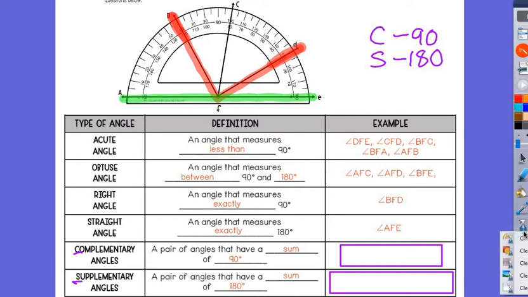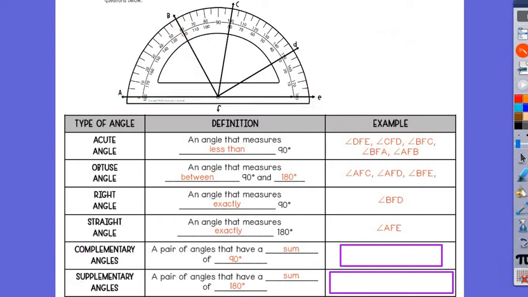So let's look for some examples. Let's look for complementary first. The definition says two angles that add up to 90 degrees. I have some hands up that think they see it. Ramelis, what do you see? BFD.